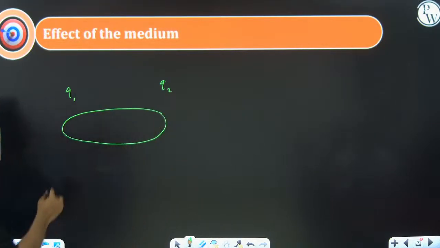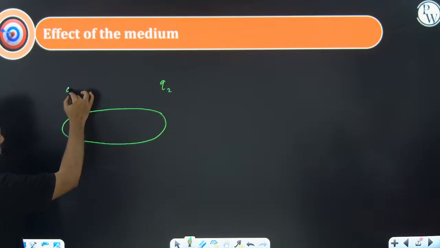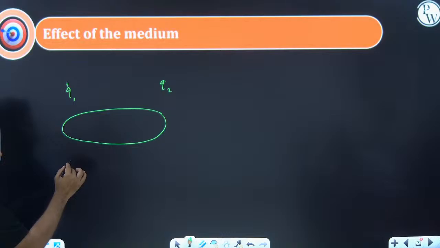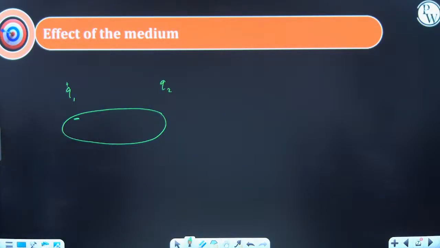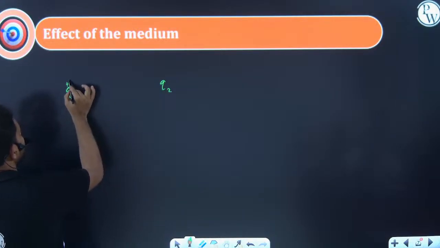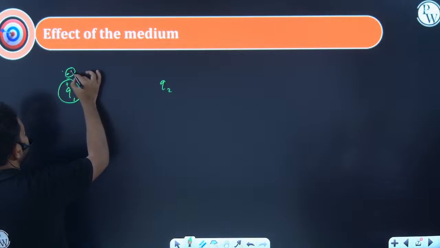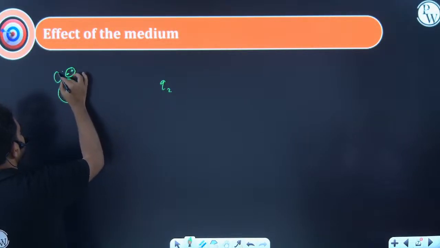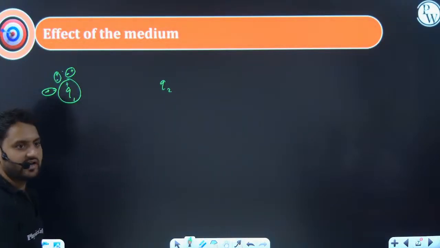Let's say this is a positive charge. If this is a positive charge, a negative charge will be developed here. Or we can say that this positive charge is surrounded by the medium molecules like this: negative, positive, negative, positive, negative, positive, and the whole of the medium is converted like this only.